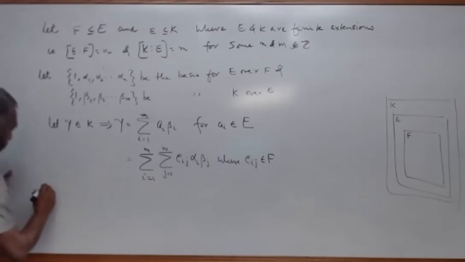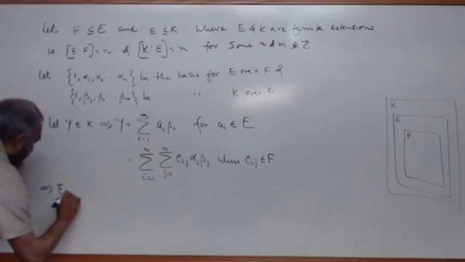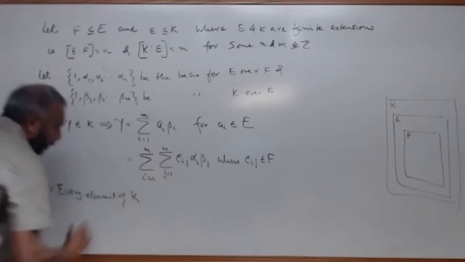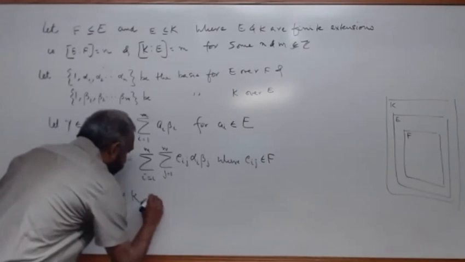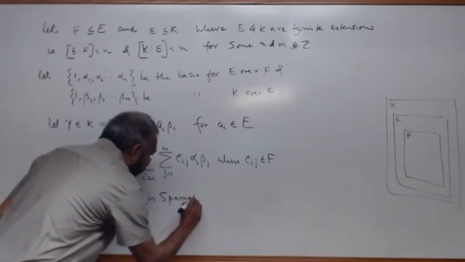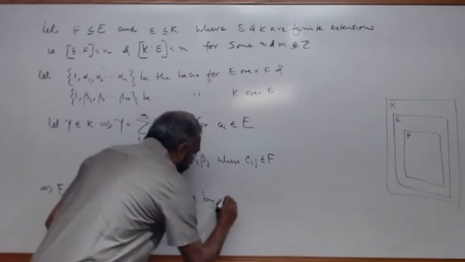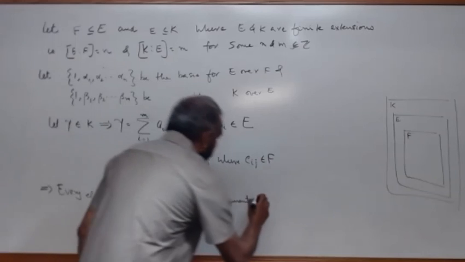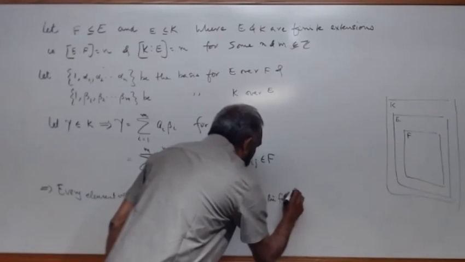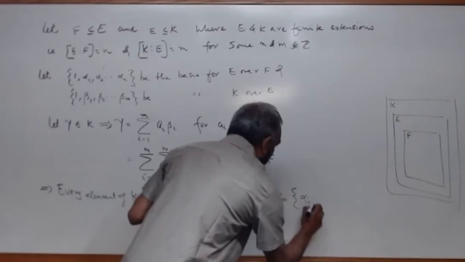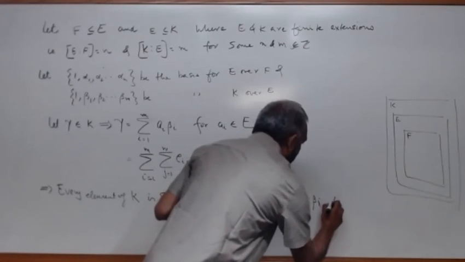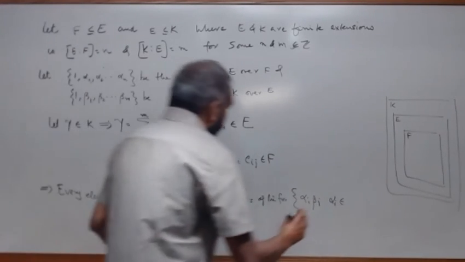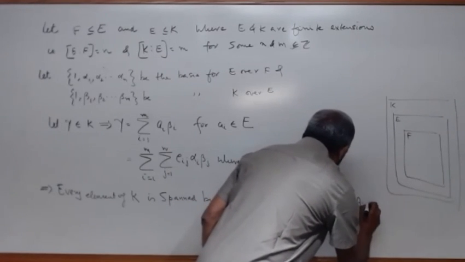This means that every element of K is spanned by elements of the form alpha_i beta_j, for alpha_i belonging to E and beta_j belonging to K.